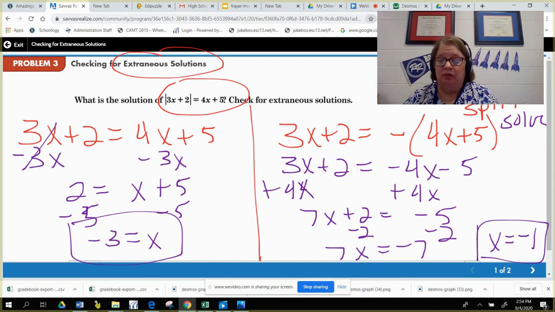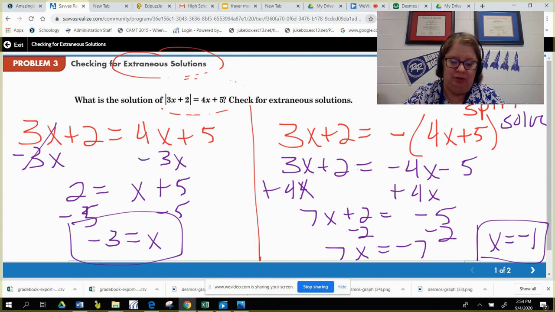Now, in the previous videos when we were solving, we said it was important to check these solutions, plug them back into the original equation and see if they work. Here's why. I'm going to give us some more room here.